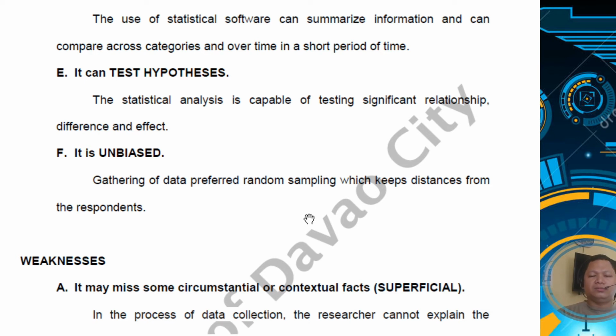Unlike in quali, it's more of a purposive sampling technique, so based on your study or your purpose, you will select. But in quanti, you're going to select randomly. I think the types of sampling were discussed already in your grade 10 mathematics, and also in your general mathematics in grade 11. So I hope you review that.